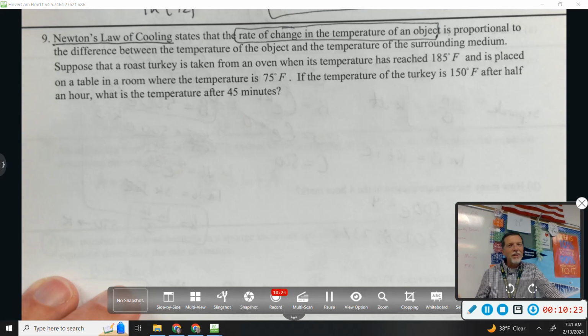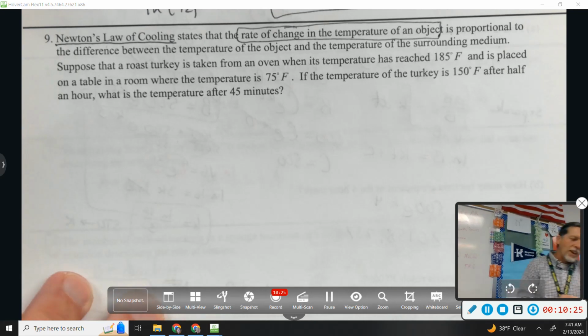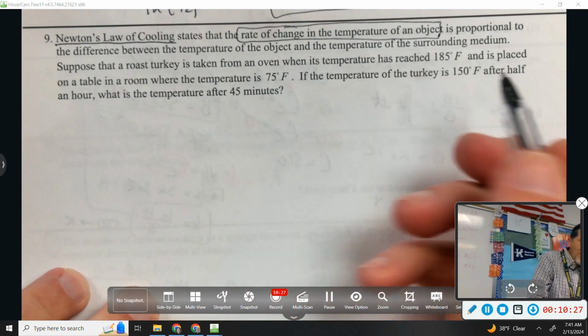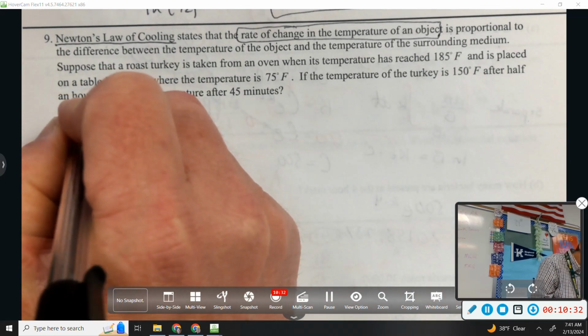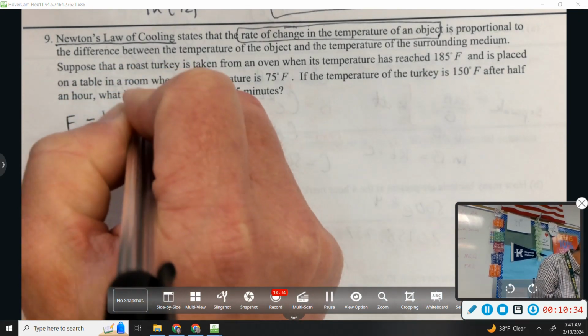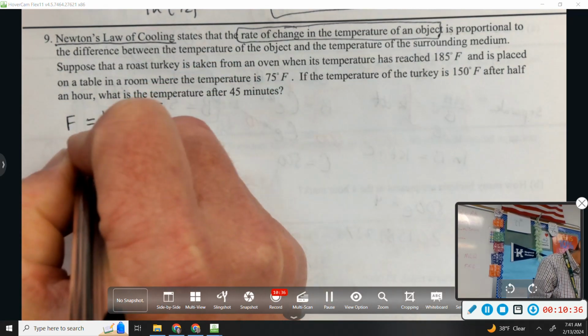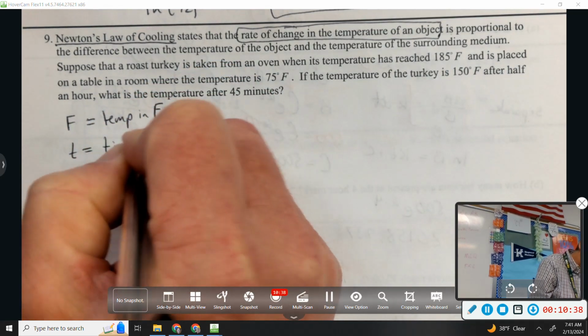And so a lot of books use different things. I've not seen F, but I like F because that sort of reminds you that it's Fahrenheit. So we'll say F is temperature in Fahrenheit, and little t will be time.